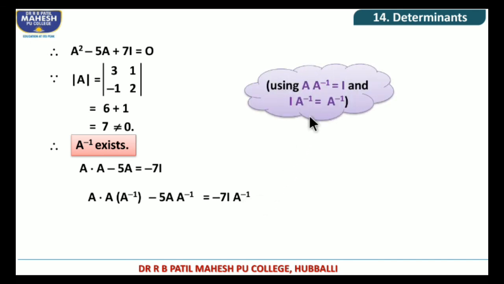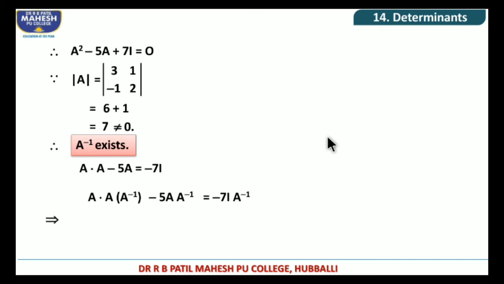Therefore A into A inverse is equal to I. So A into I remains here, minus 5 into I, is equal to I into A inverse, which is again A inverse only, because the product of a matrix and the identity matrix again gives the result as the matrix only. Therefore here the matrix is A inverse. So I into A inverse becomes A inverse only.